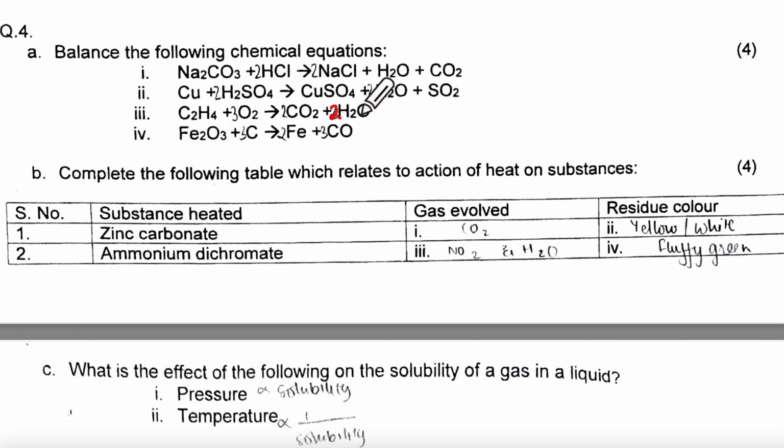Now how many H's do you see? 4. So 4 is balanced here, H. How many carbons? 2. So we'll write here 2. And then I'll have 3 O2. So can you see 6 are here? So 4 and 2, 6.